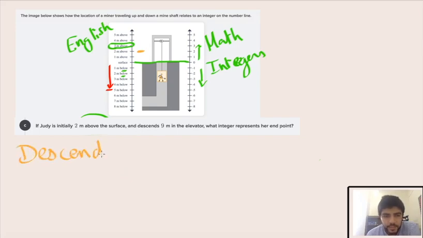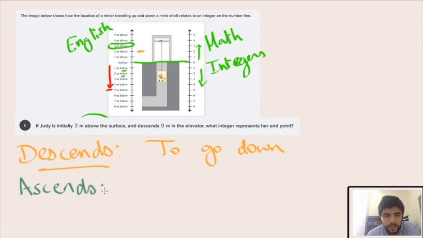Descends means to go down. And the opposite of that is ascends, and that's to go up.